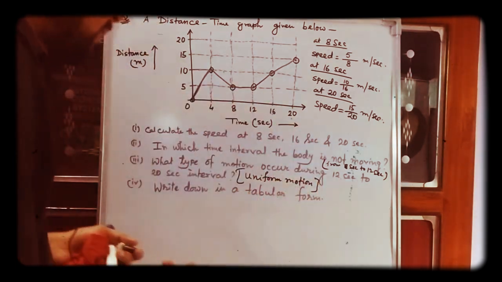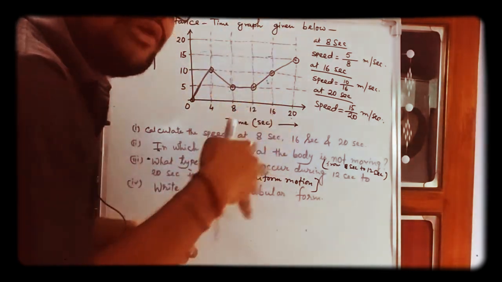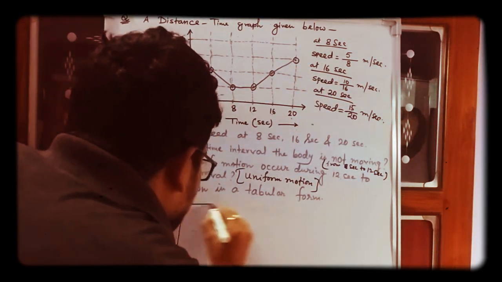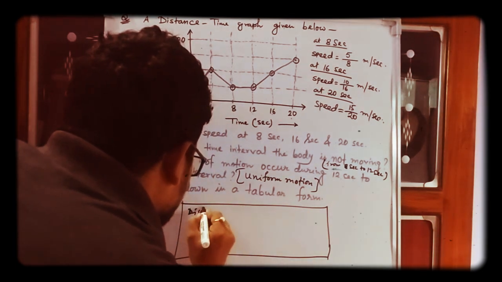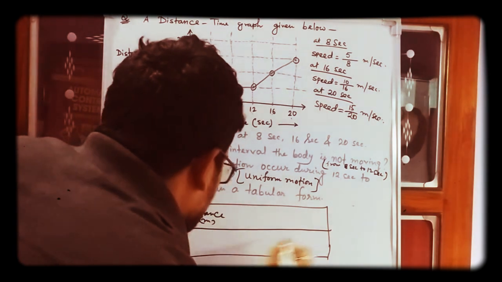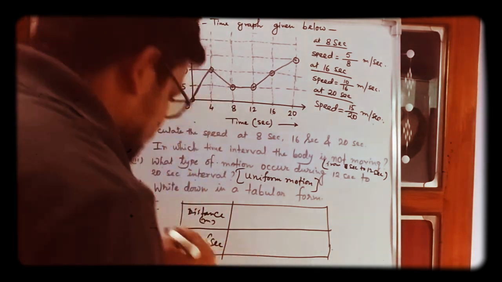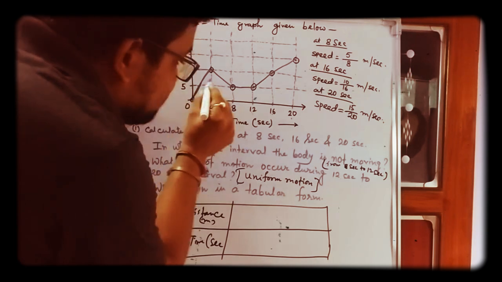The next task: write down the table in tabular form. This means for this whole graph you have to make a table like the previous one. You can take distance in meters and time in seconds. Now can you see here, this is a point, so just find the point.